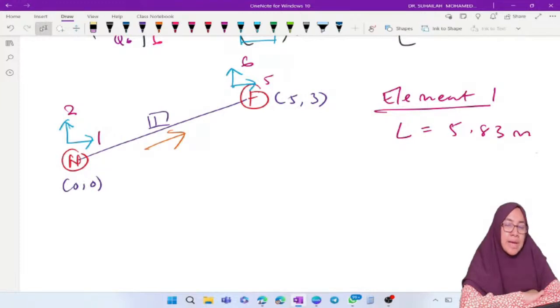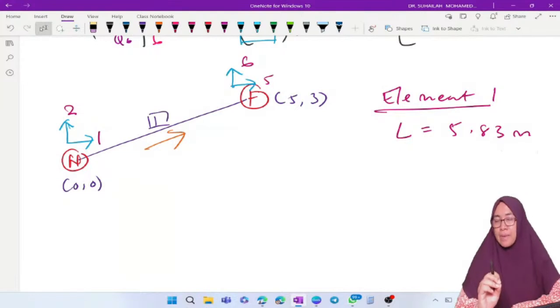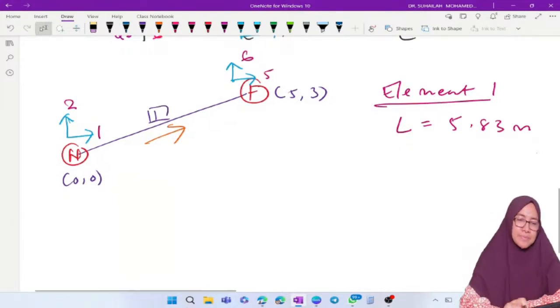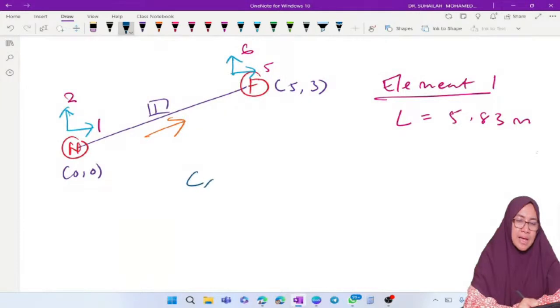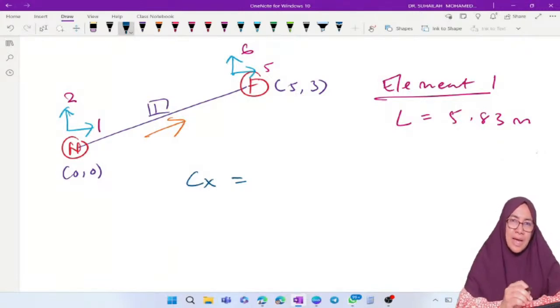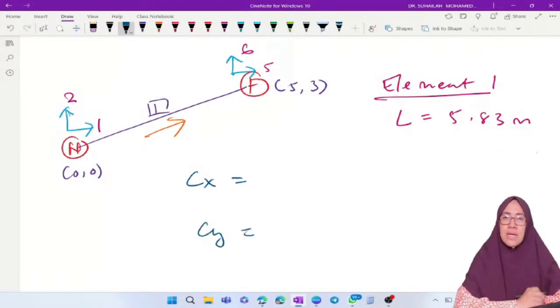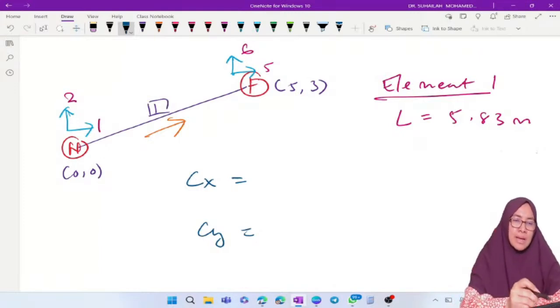Okay, now we want to calculate cx and cy, or lambda x and lambda y. I normally choose to write Cx and Cy. To calculate Cx, look at the x coordinate. To calculate Cy, look at the y coordinate. That's all. For Cx, the x coordinates are 5 and 0.